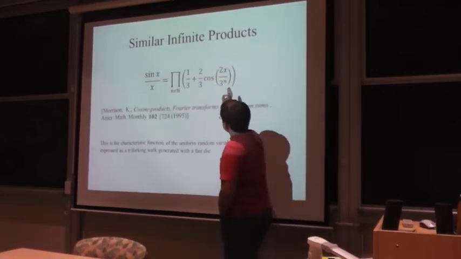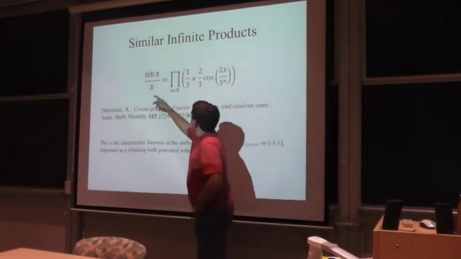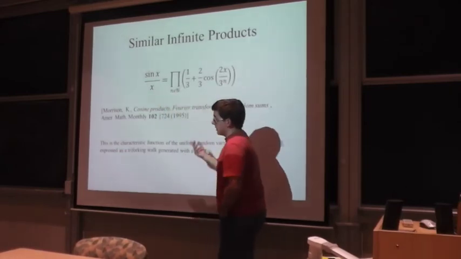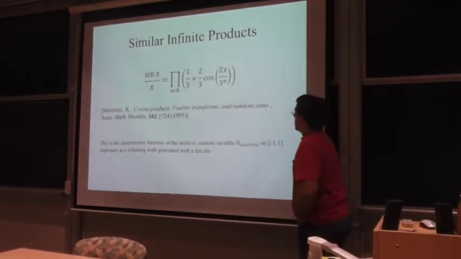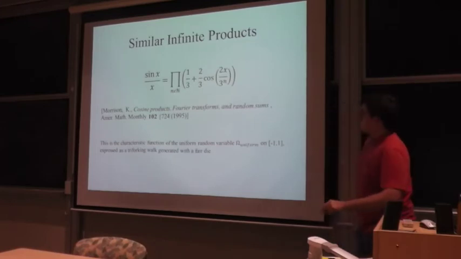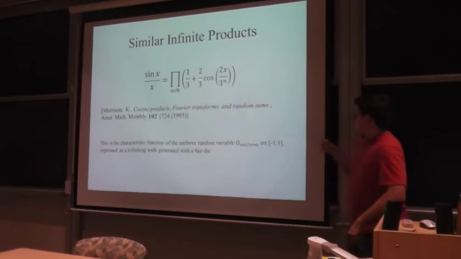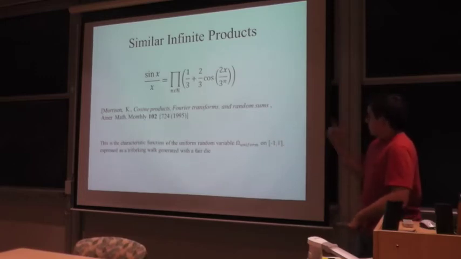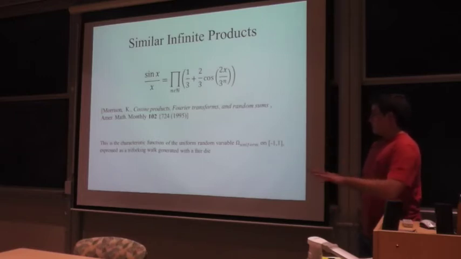And yet, just with those subtle changes, we get a very different function than what we have seen before. And we also know that this is the characteristic function also of a uniform random variable on -1, 1, but instead expressed as a triforking walk generated with a fair die. That is, 1, 2 you increase, 3, 4 you decrease, or 5, 6 you remain in the same position.